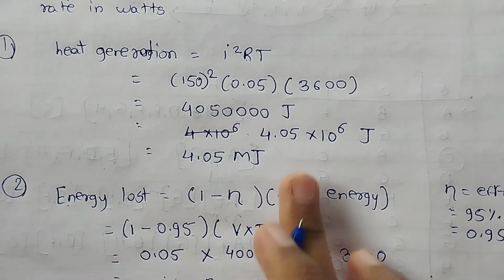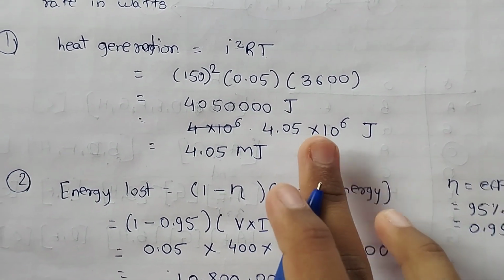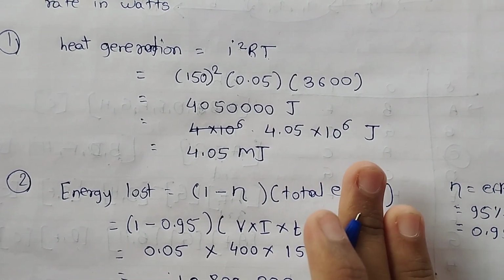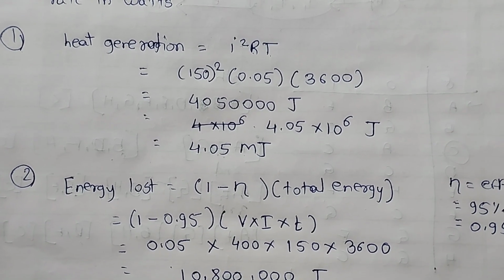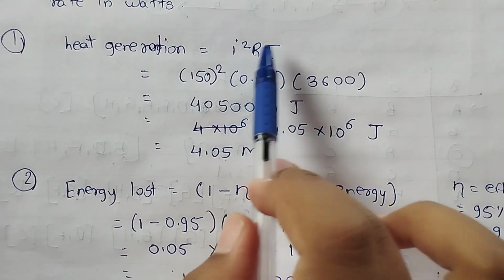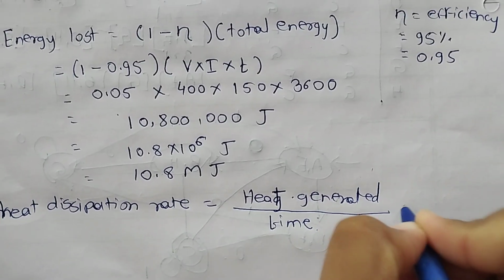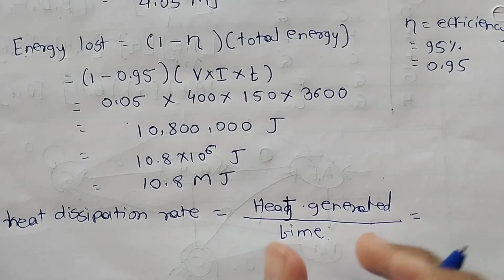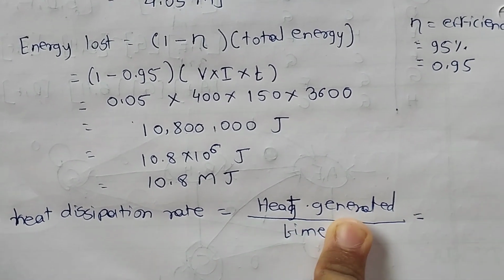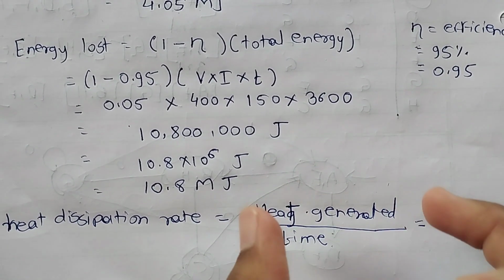Here we calculate the heat generation, but if the heat generation is not calculated, then use the formula I squared R T. Where the heat generation is calculated, we directly put the value.